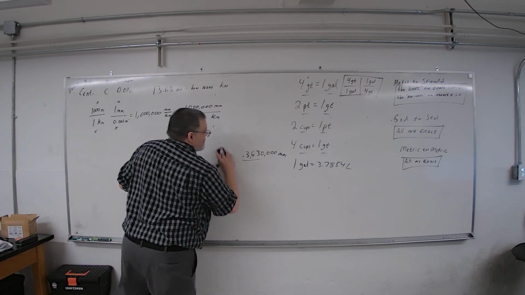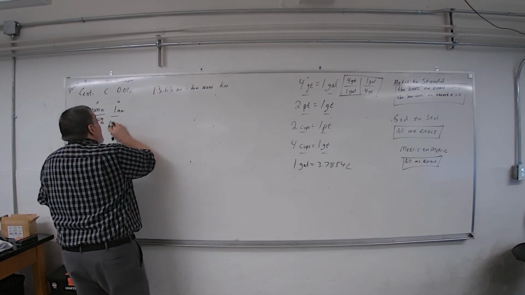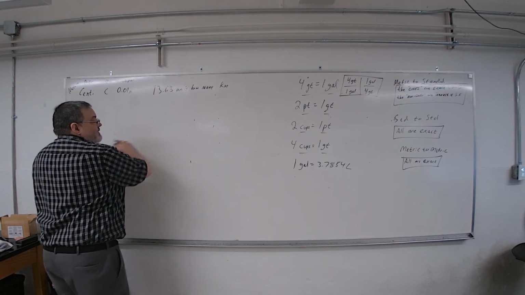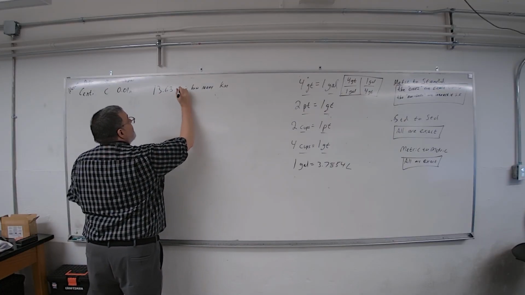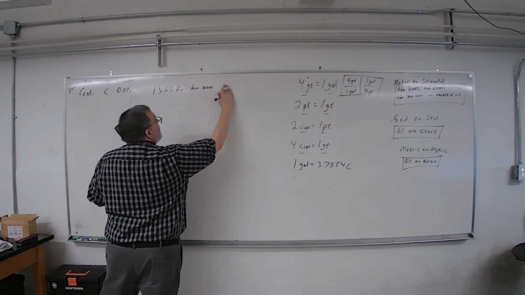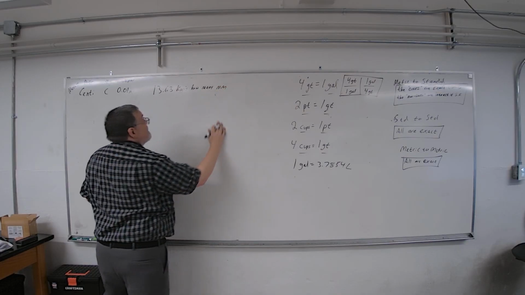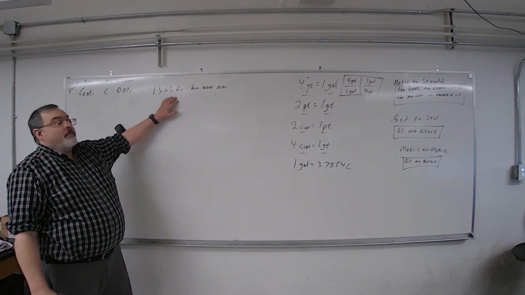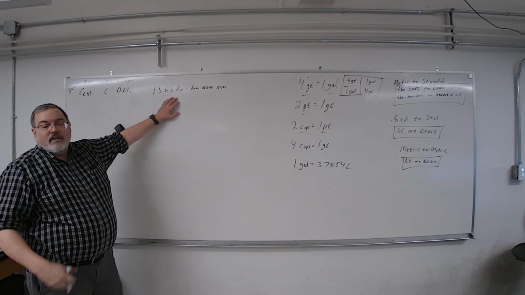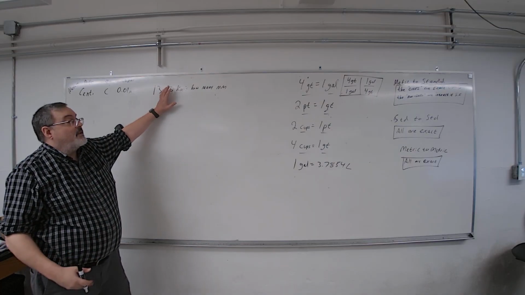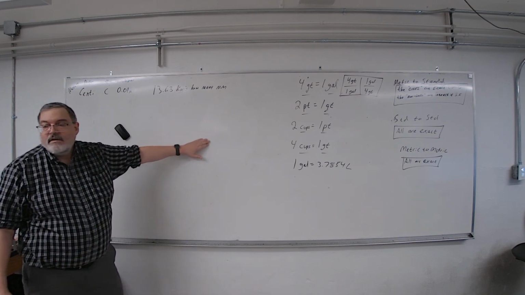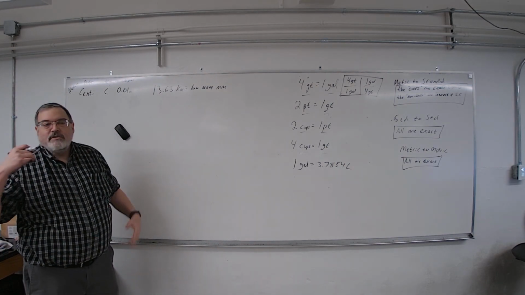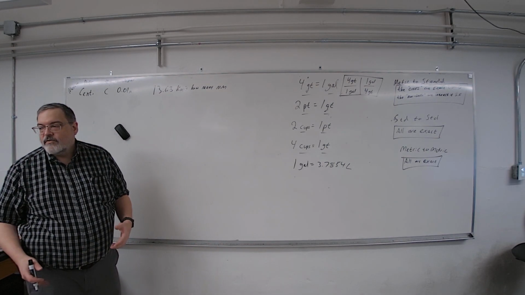I do it this tedious way to show you how you could, because I'm going to give you that chart on the test. And the quick way, if you're trying to go from a positive power of 10 to a negative power of 10, introduces the idea of using two conversion factors.